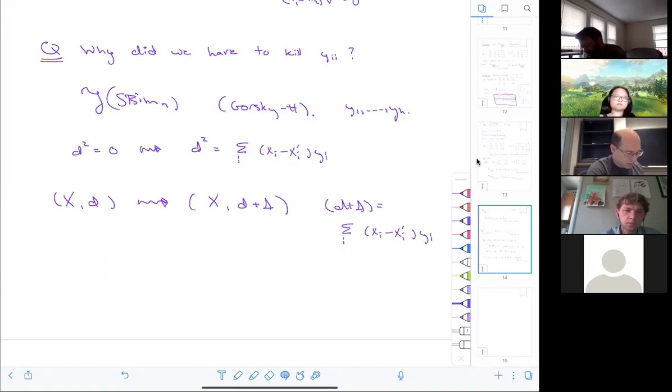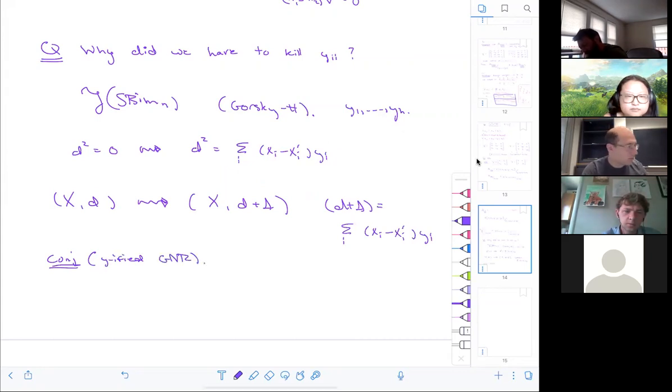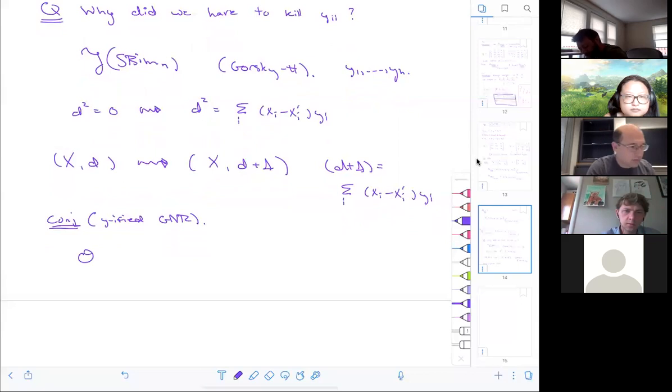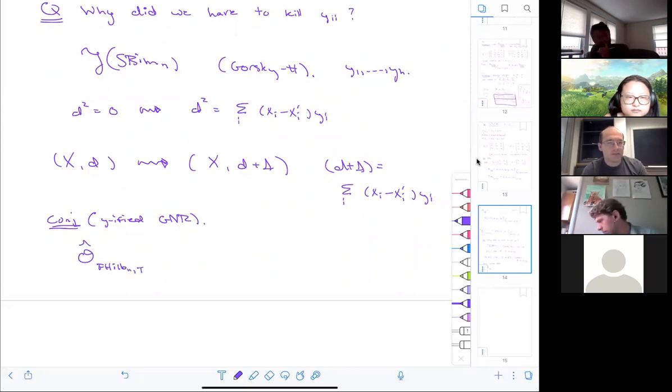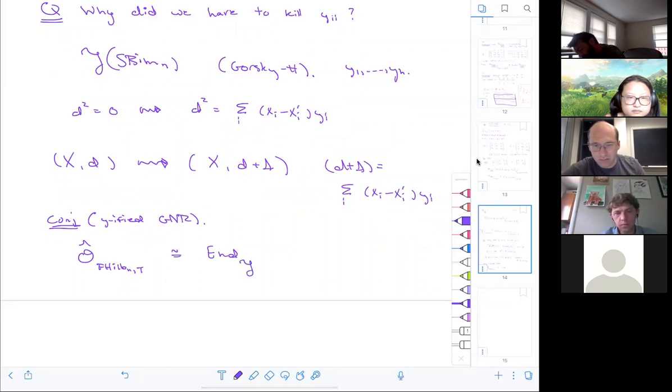And then the y-ified version of the GNR conjecture in this manifestation would be that the coordinate ring of one of these open sets, up to completion, is really isomorphic to the endomorphism algebra inside the y-ified category.